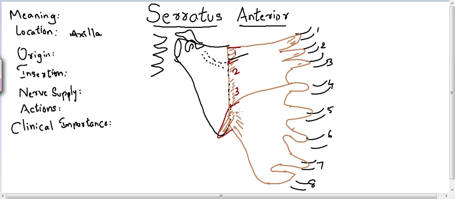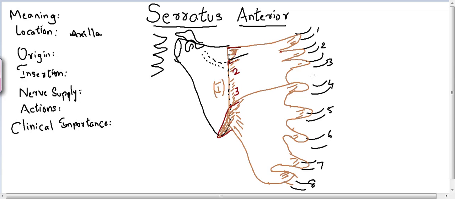Now you can see from 4th to 8th digitation, the muscle is attached to the small triangular area on the inferior angle of the scapula. The first digitation goes to the superior angle of the scapula, the second and third digitations to the remaining part of the medial border of the scapula, and the 4th to 8th digitations are attached to the inferior angle of the scapula. This is the more specific insertion of the serratus anterior.